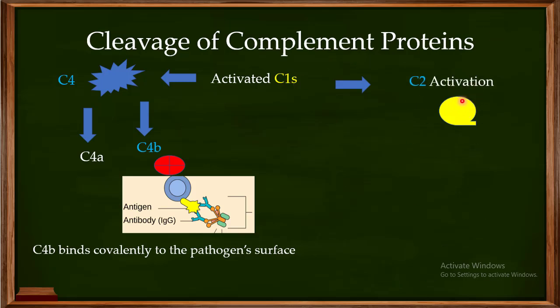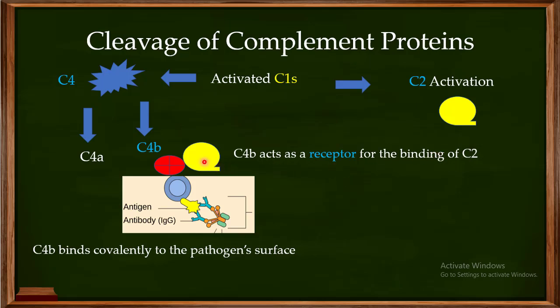So now you are going to activate the C2, and again, this activation is carried out by the C1s. If you look at this, the C4b is actually a receptor, or it provides a binding site, for the binding of the C2.